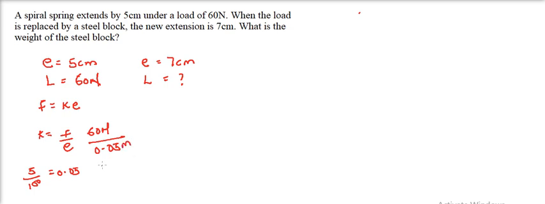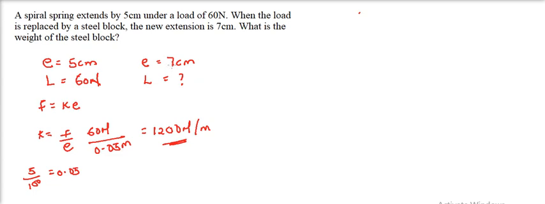So our K, when you punch your calculator, gives us a total of 1200 Newton per meter.